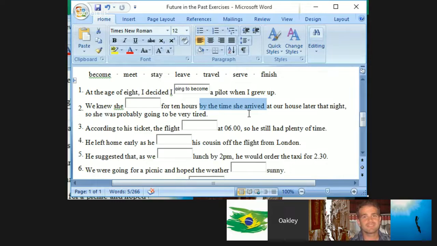In the future tense, what do we use when we want, by 2020, I will have been a teacher for 15 years, okay? Will have been. What is that?